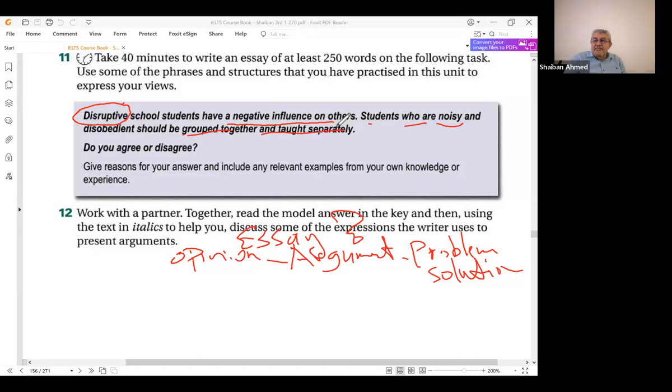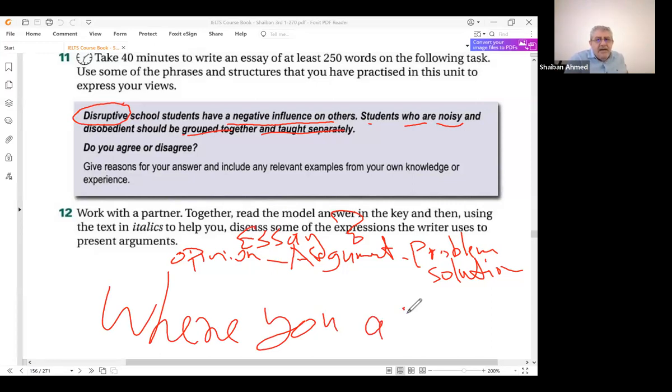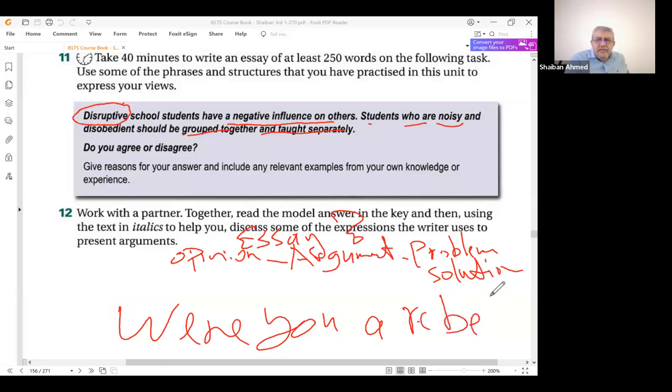Okay, let's go back 10, 20 years ago, where we change the question politely, we say, were you a rebel? Rebel means you say no for everything.